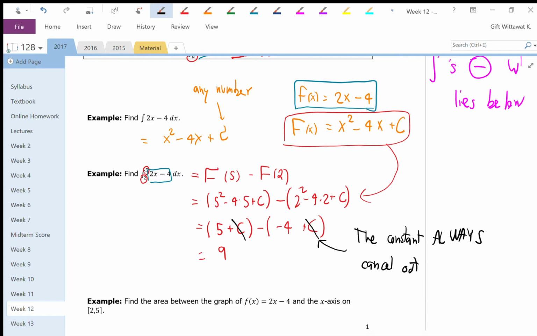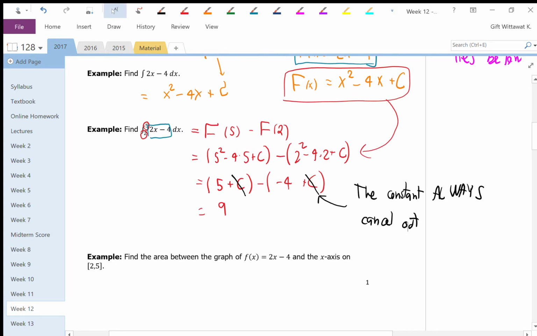It just so happens that with your big F, when you have the plus c in here and plus c in here, it always cancels out. So as we will see in the future, typically when we find the definite integral, when it goes from somewhere to somewhere, we will just leave the plus c out, because in the end it always gets cancelled out. So it doesn't matter whether or not we write them out.